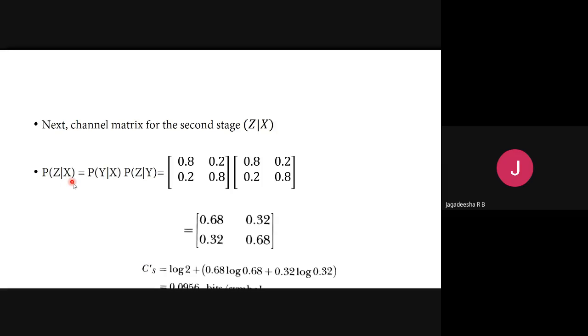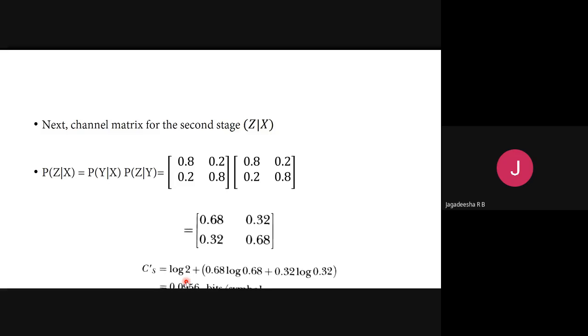That is from X to Z. What's the capacity here? 0.09, right? So 0.09 is much lesser than the previous capacity, when there is just one stage between X and Y. So this gives us a general idea that when we extend the channel to multiple stages, of course, we will be compromising the channel capacity.